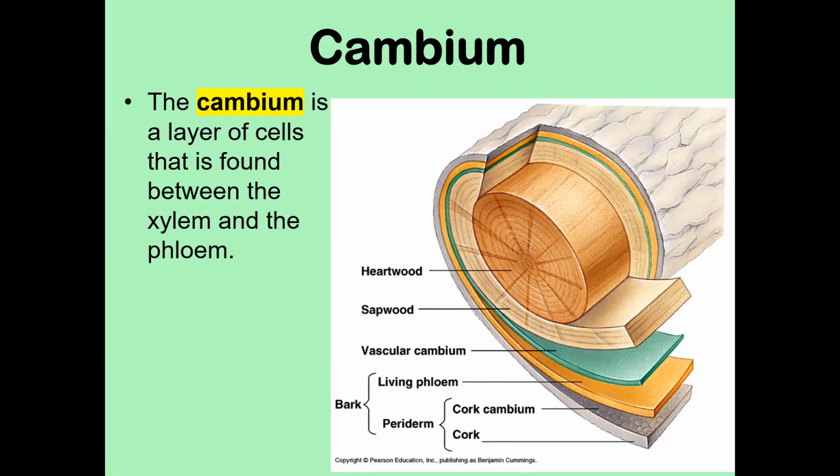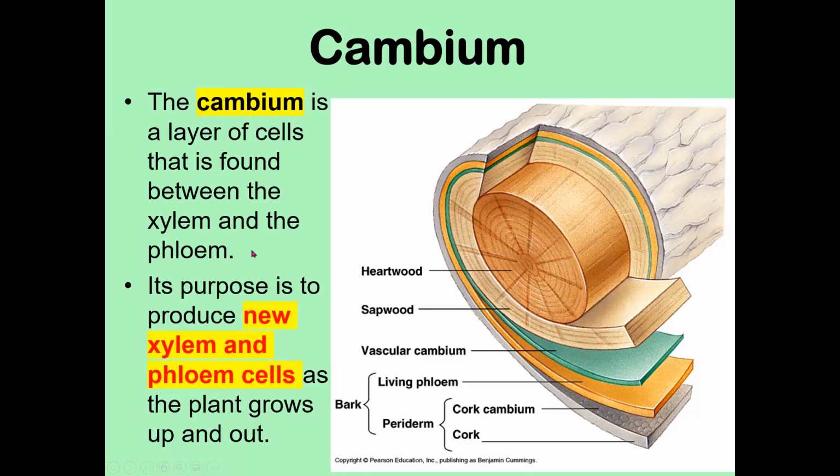Now, as the tree grows up and out, this heartwood gets bigger, and new xylem and new phloem are produced, and it's moving out. Okay, so the cambium is what produces the cells that can differentiate, that can produce different things. They can differentiate into xylem, they can differentiate into phloem. So it's a very good operational system, and it works.